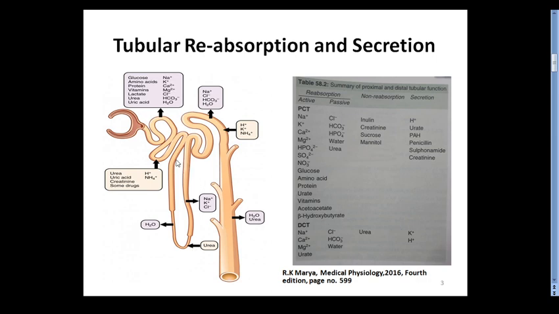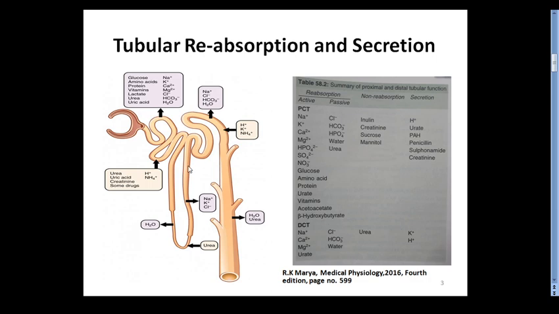In the loop of Henle, this is the descending part and this is the ascending part. The descending part of the loop of Henle is freely permeable to water, so there is maximal reabsorption of water from here. Urea is secreted into the thin part of the ascending limb, whereas the whole ascending part of the loop of Henle is impermeable to water.